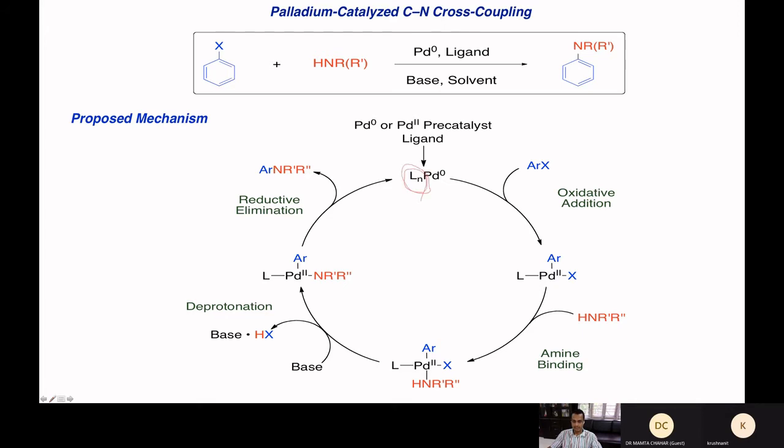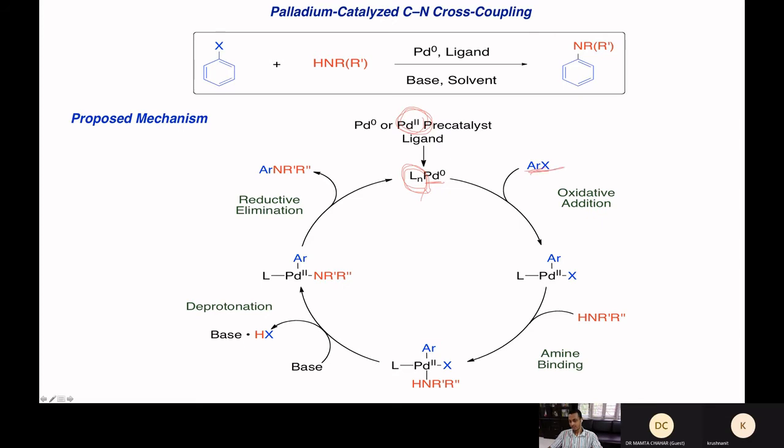If it is a bulky ligand, usually it is one ligand that supports the palladium. It is generated by in situ reaction between a palladium 2 salt, which is usually palladium acetate or palladium chloride, in presence of the phosphine ligand or any other reducing agent, or reduction happens to give ligand palladium 0 complex.